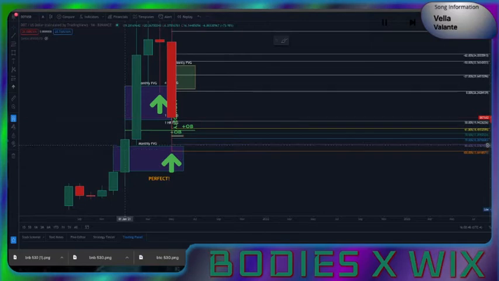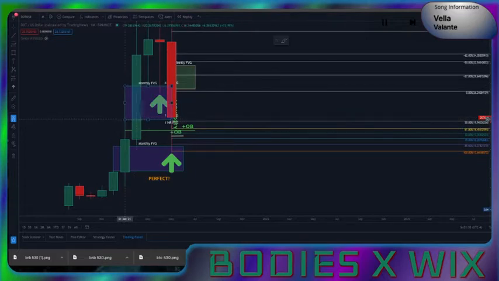These things are known as magnets, and magnets that repel immediately. That's why I put this right here as perfect, because when price was falling, it came down into that fair value gap and then immediately jumped out. That's just one of the main reasons.